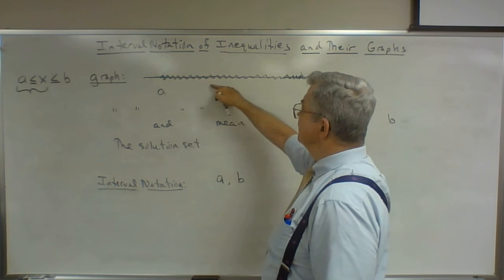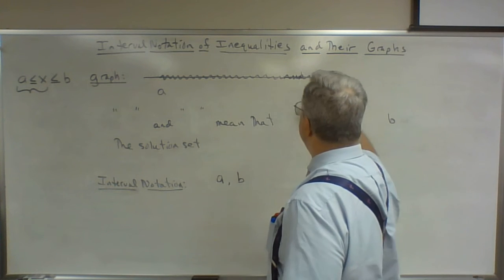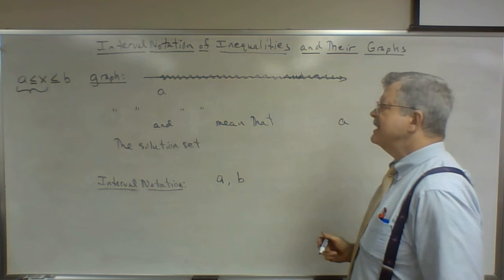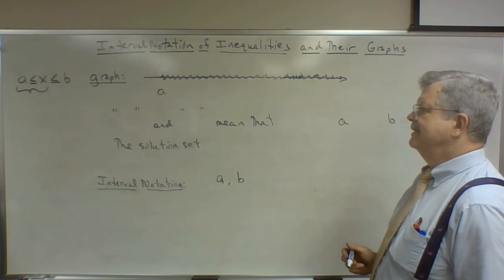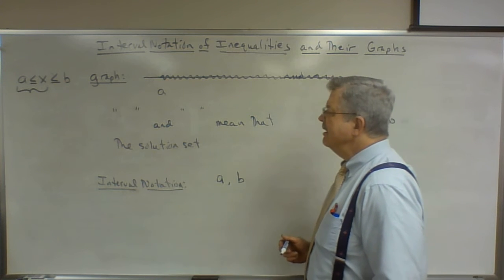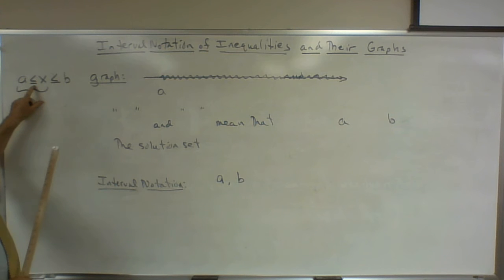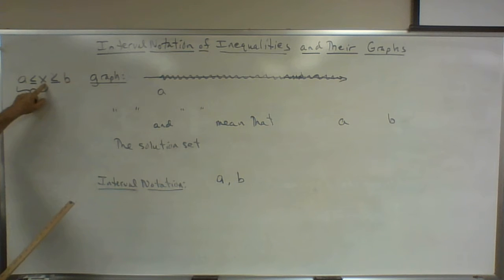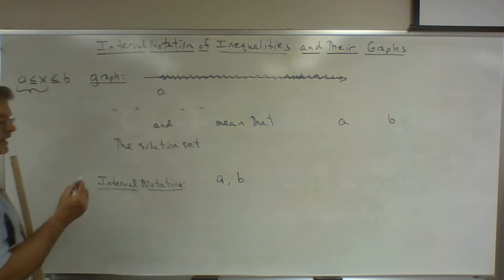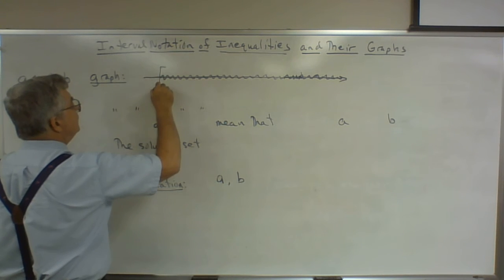And the shaded portion of the line starts at a and goes all the way to positive infinity. So, and let's see. I'm sorry, a can be equal to x, or x can be equal to a. X is greater than or equal to a. So because x can equal a, we'll put a square brace here.